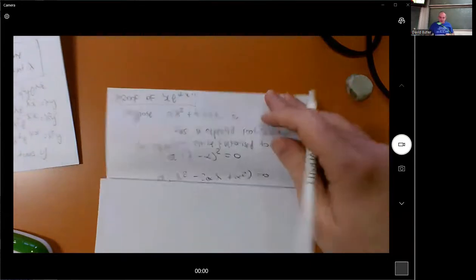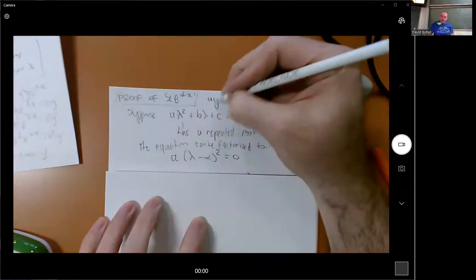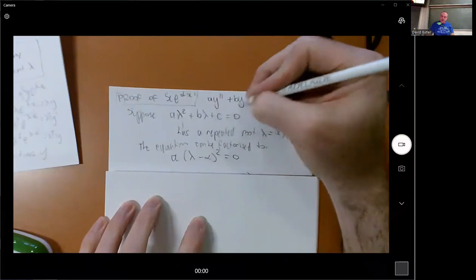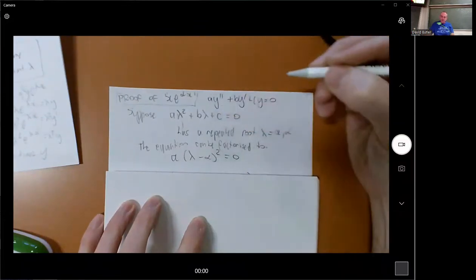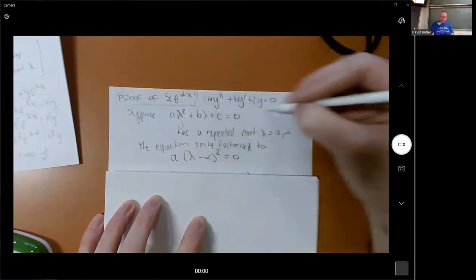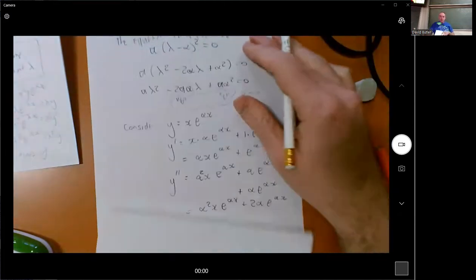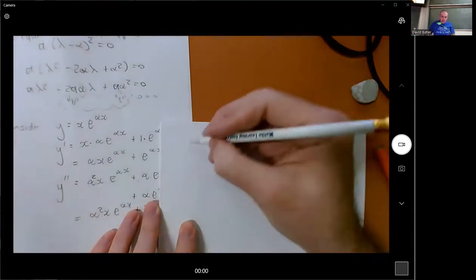Sub this into, sorry, there's this equation right at the beginning. Okay, so we're going to sub this into that equation. So I need to know what y double dash is, I've got y double dashed here.